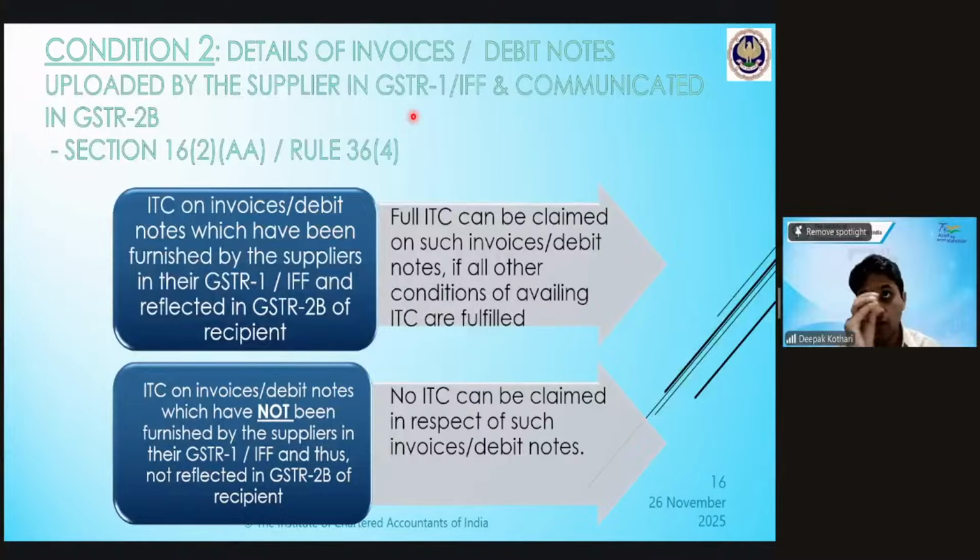What GSTR1 does is say, okay, this is my sales, and based on GSTR1, the receiver gets the credit. Similarly, once you upload IFF, the receiver will get the credit based on the information uploaded in IFF, right? Full ITC can be claimed when it is appearing in GSTR2B. If it is not appearing, you cannot claim it.